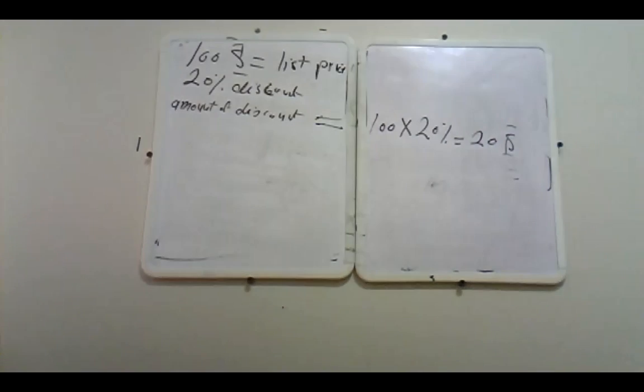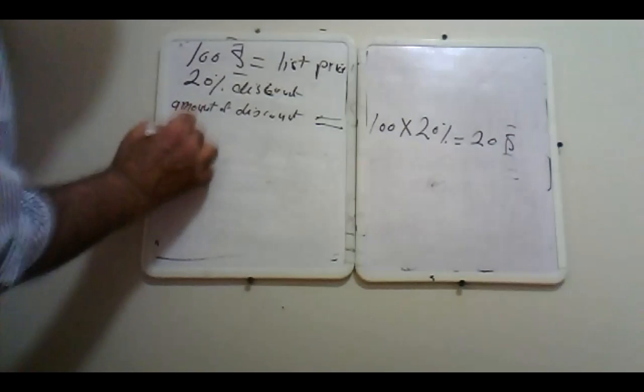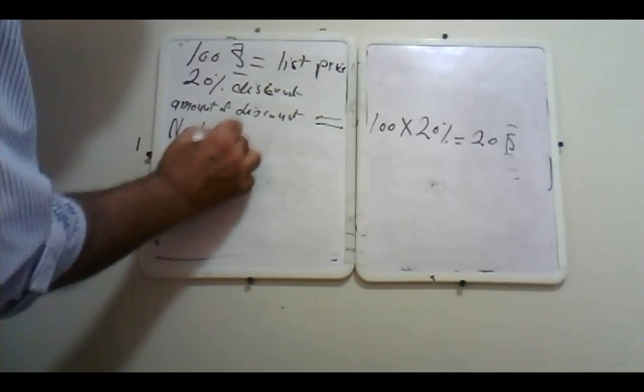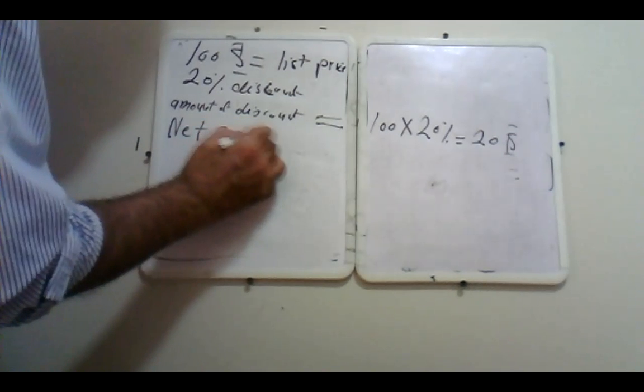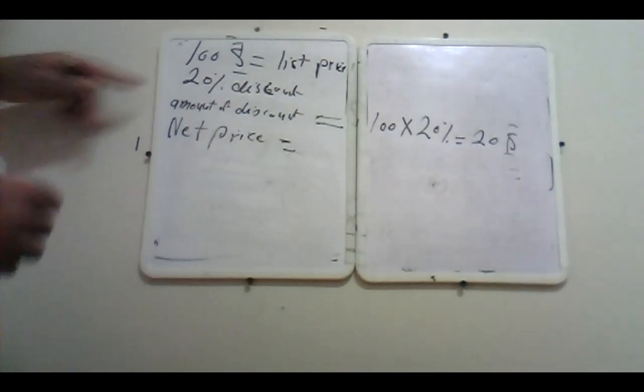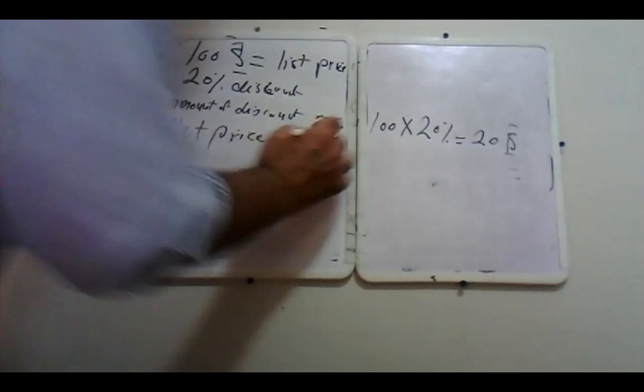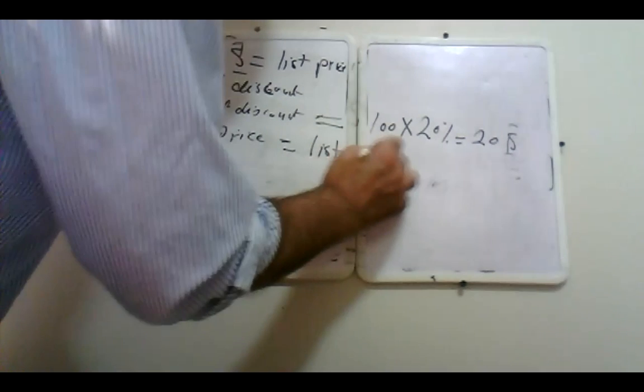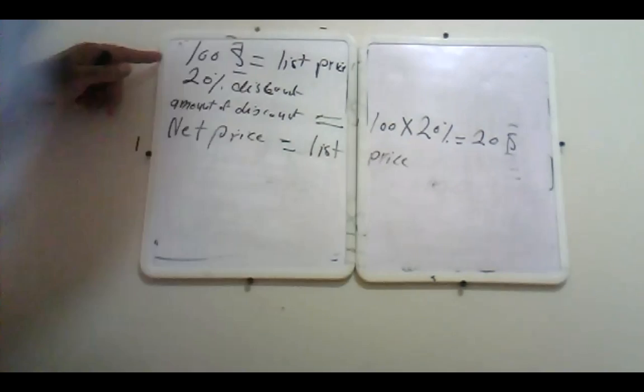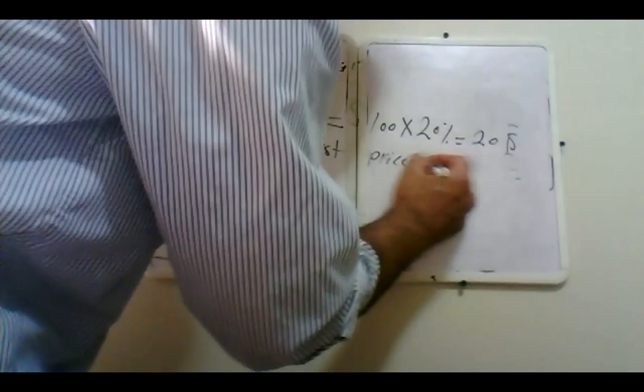Then you will get the net price, which equals the list price minus the amount of discount.